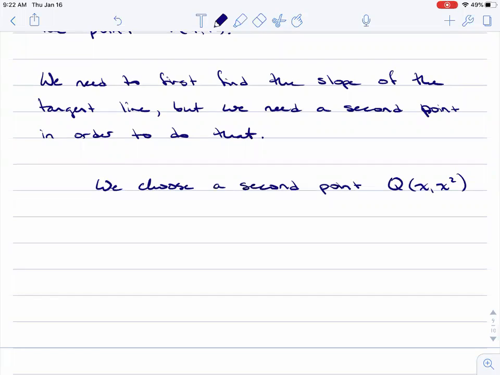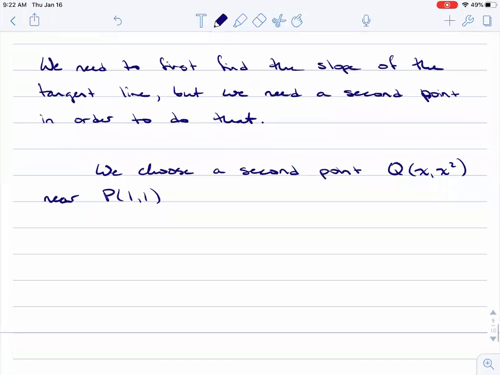But we're going to choose it near P, 1, 1, right? We're interested in what's going on at 1, 1, so there's no point in picking x equals 100, because we don't really care what happens between 1 and 100. We want to get close to 1. And so we choose a second point, Q, near 1, 1.